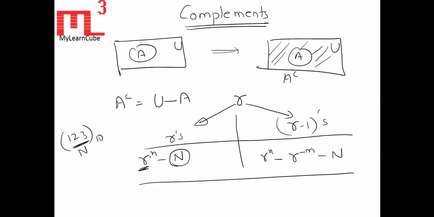R is the base, n is the number of digits before the decimal point, and m is the number of digits after the decimal point. I'm not going to use this formula to solve the questions, though I will use some direct approaches.